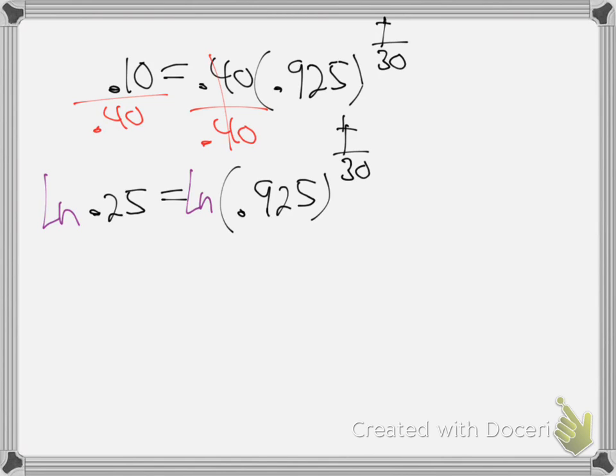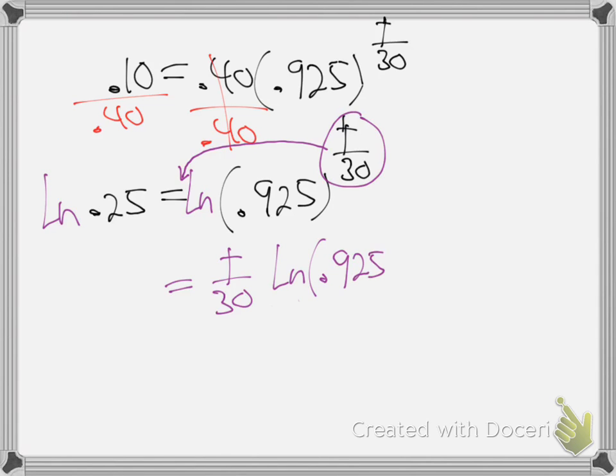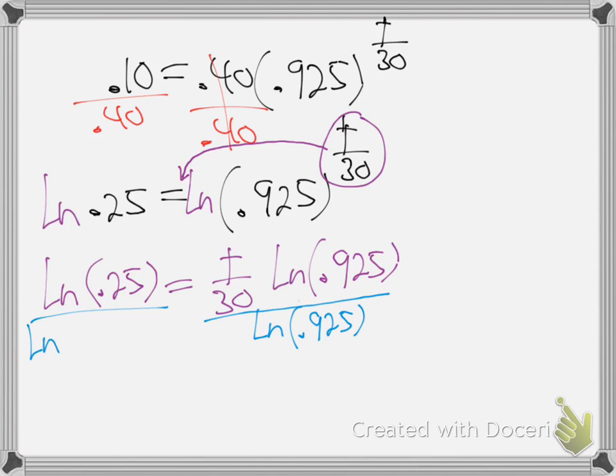ln. So now I am going to take the ln because I do want that whole t to drop down to the front because I'm trying to solve for it. So that'll become t over 30 times, whoop, I forgot the ln there. T over 30 in front of the ln 0.925. The other side's ln 0.25, okay? So now just solve for t. So divide by ln 0.925, like that.